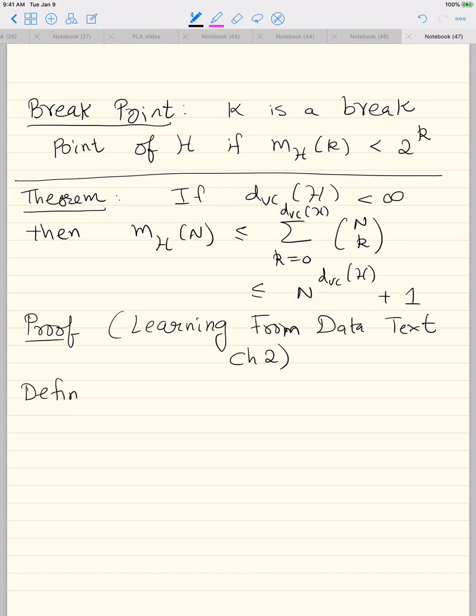So define the following. We define a function B(n, k).